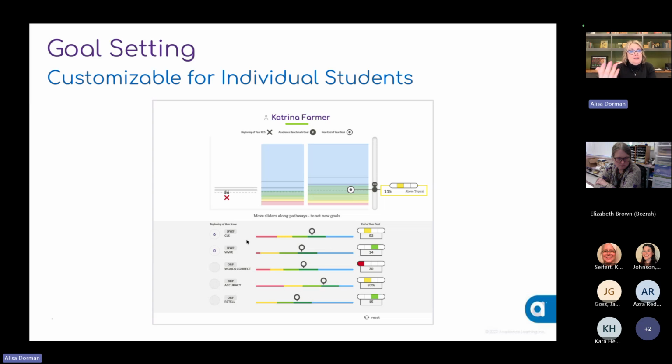So notice in this example that if I were customizing it, even as I am moving the slider, these colors, red, yellow, light green, dark green, and blue, represent the pathways of progress, which really speaks to the growth that we think that we can get from this student when we compare him or her to peers.